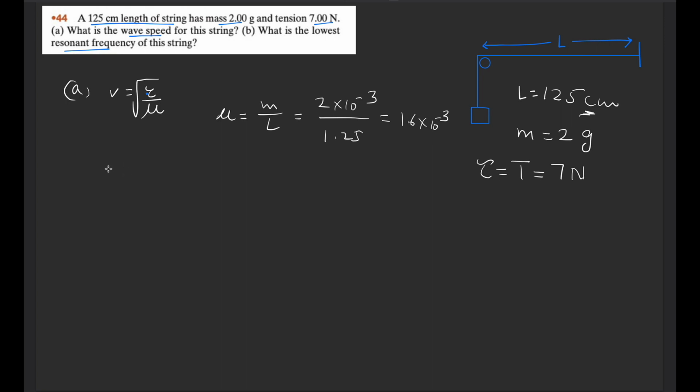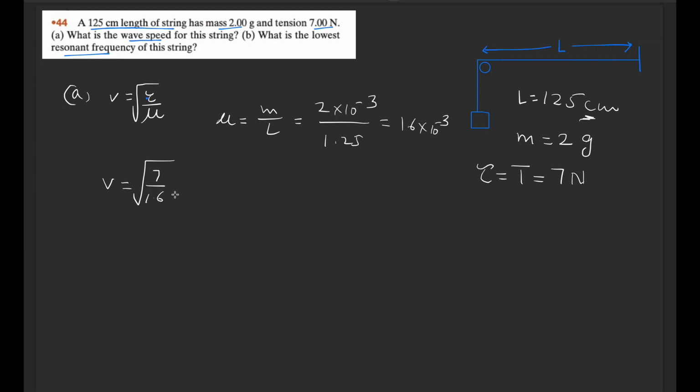Now we will use these values in this equation: v equal to square root of 7 divided by 1.6 times 10 to the power minus 3, and if you calculate this you will get 66.1 meter per second.